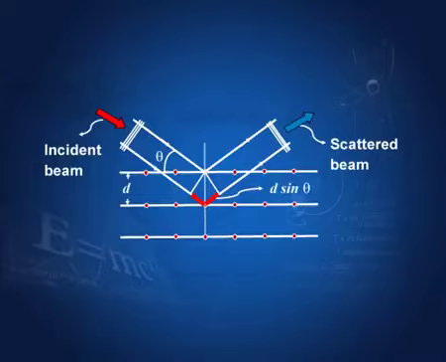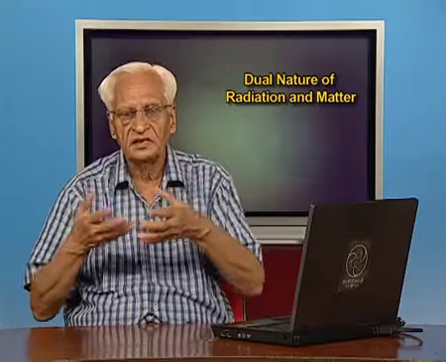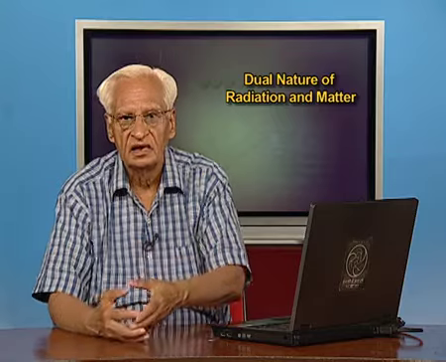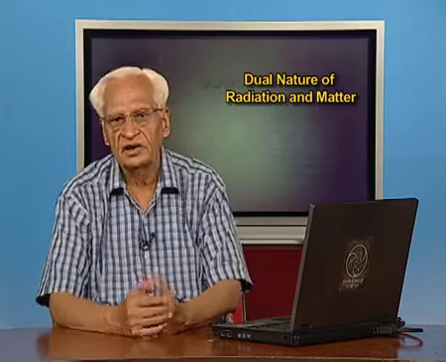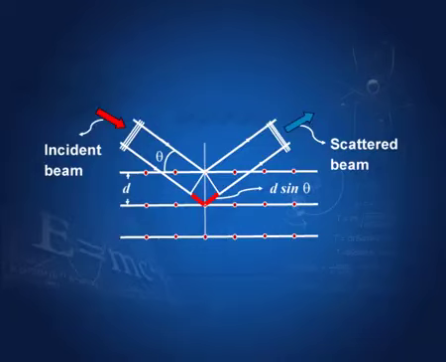So, the path difference is 2d sin theta. If this path difference 2d sin theta is equal to a whole number of wavelengths, then we shall see waves interfering constructively, otherwise they will interfere destructively. When they interfere constructively, we will see the bright spot.